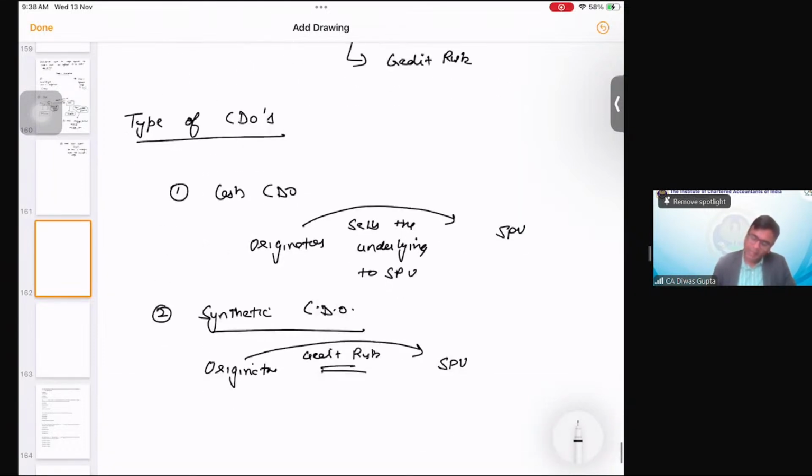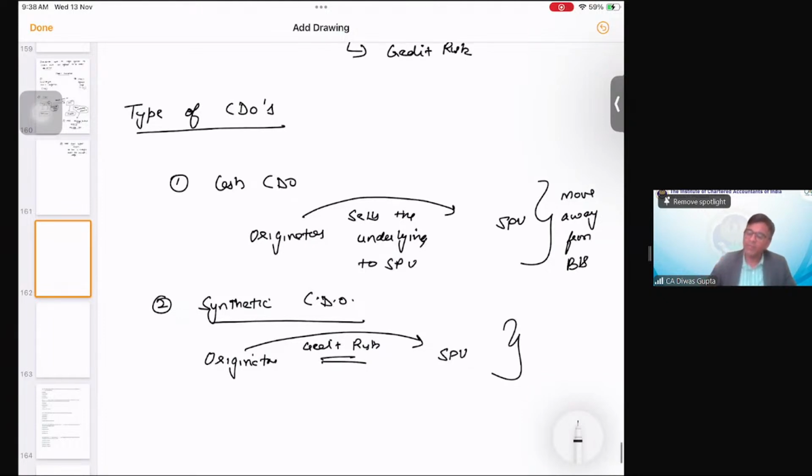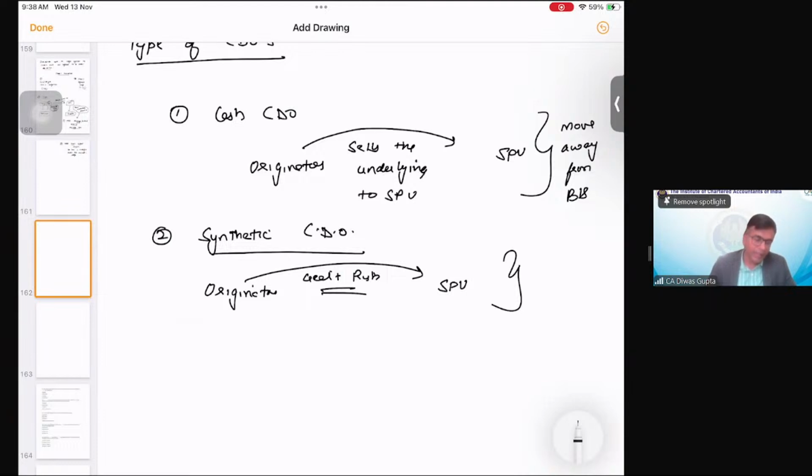Okay. Now what happens in case of a cash CDO? The collateral assets, for example the mortgage loans, will move away from the balance sheet, right? It will go off from the balance sheet of the originator. But here in a synthetic CDO, they will still be part of the balance sheet.